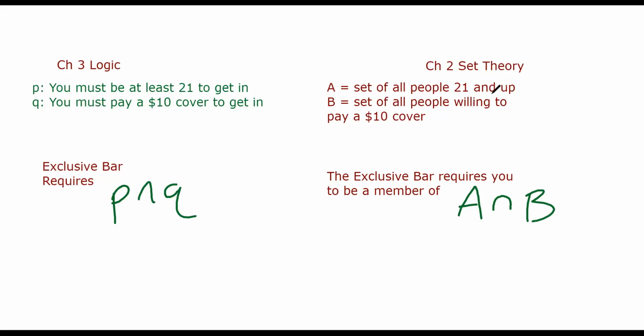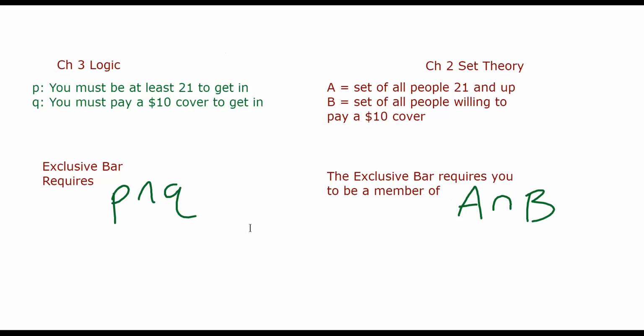The set of all people 21 and up and the set of all people willing to pay $10 to get in. You've got to be in both those things. The intersection inherently is smaller, or usually is smaller. It takes some of the first set, some of the second set, and brings them together.